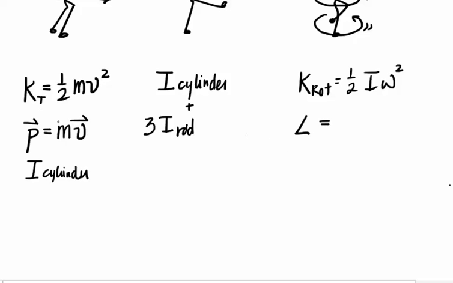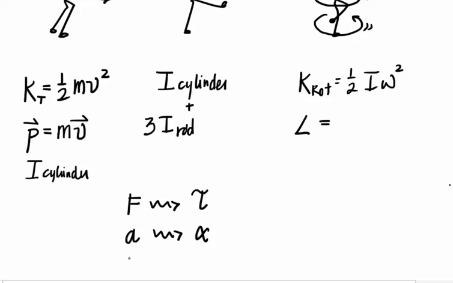Now, if momentum is mass times velocity, and we have these rotational analogies between linear quantities and rotational quantities, what is the rotational analogy for force? Torque. Very good. What's the rotational analogy of acceleration? Alpha, the angular acceleration.